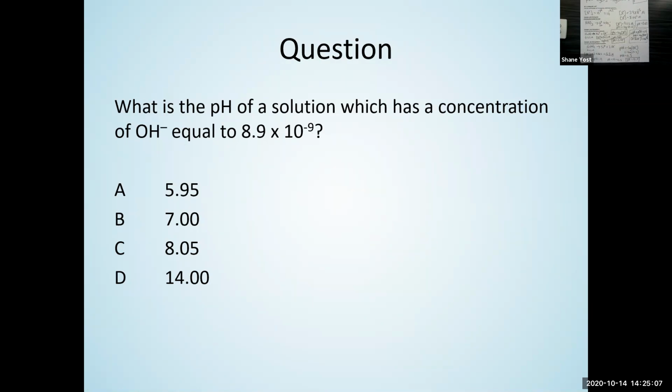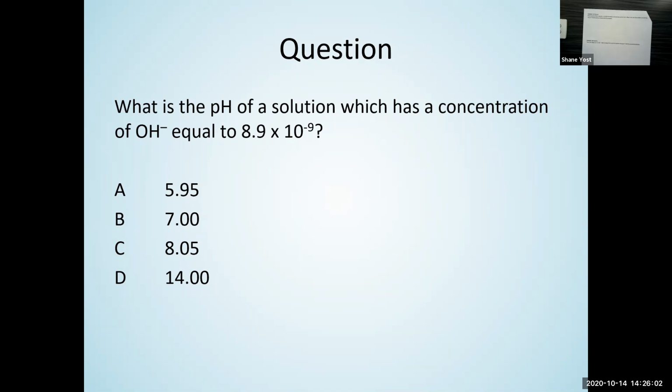You can choose A, 5.95, B, 7, C, 8.05, or D, 14. On Zoom here, got some people saying A.